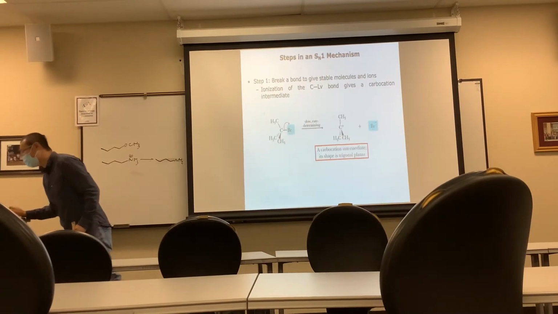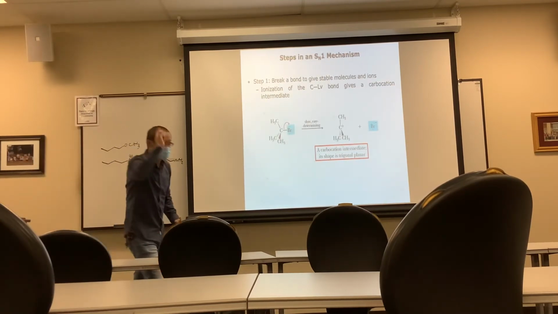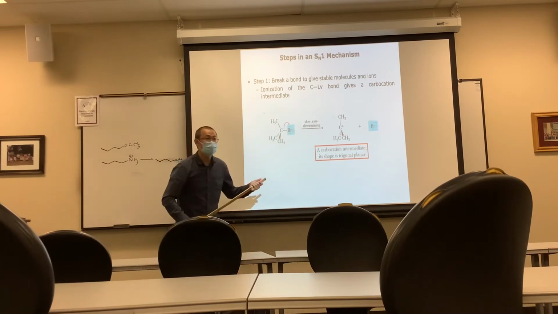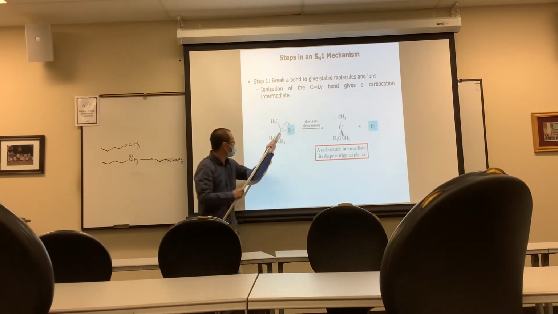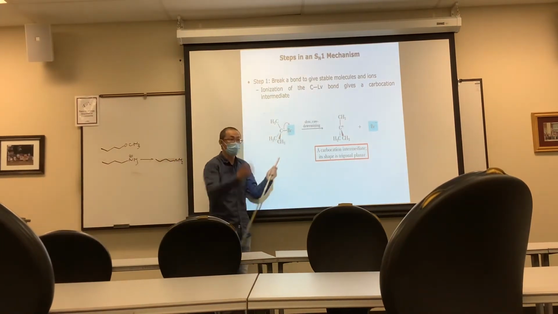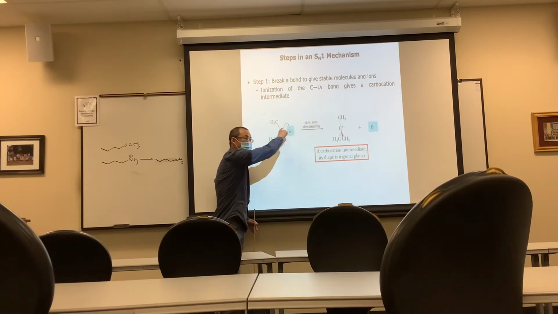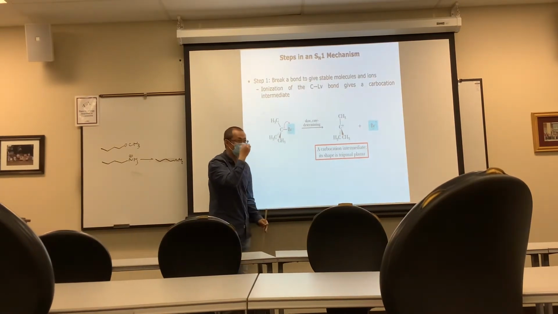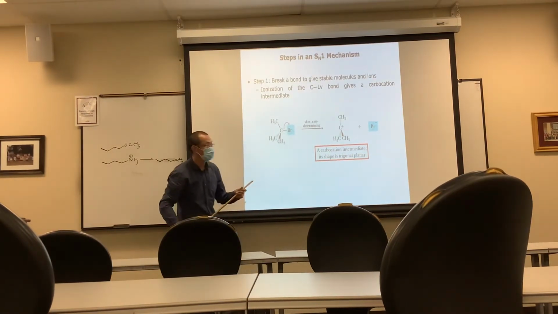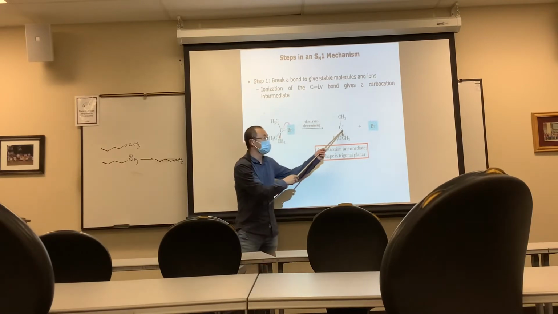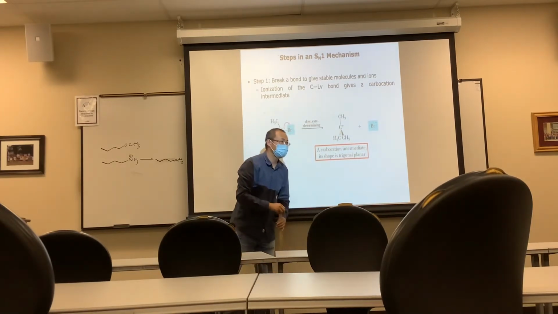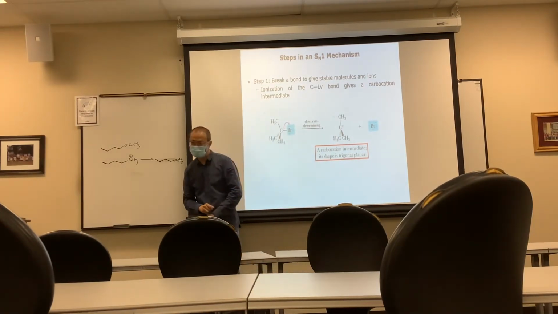In an SN1 reaction, the first step, like I said, is the bond breaks. The nucleophile is not even here yet. Take a look. When the bond breaks, the Br leaves with a pair of electrons, so carbon becomes a carbocation.